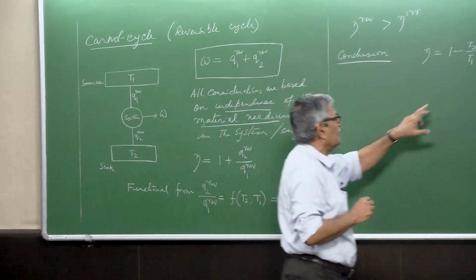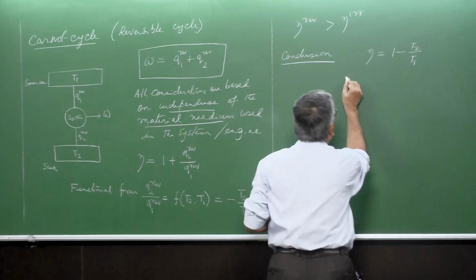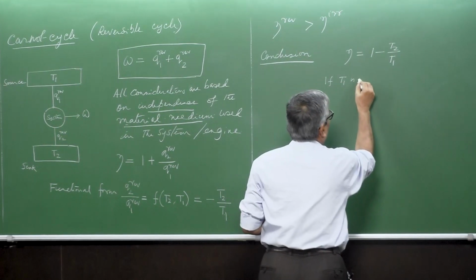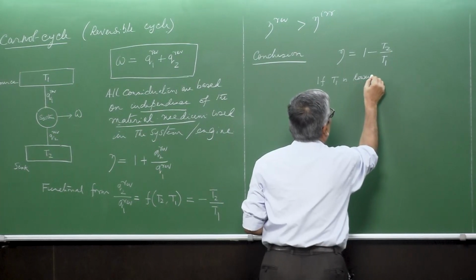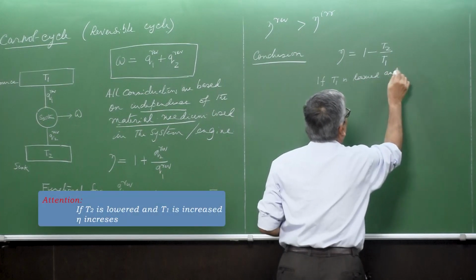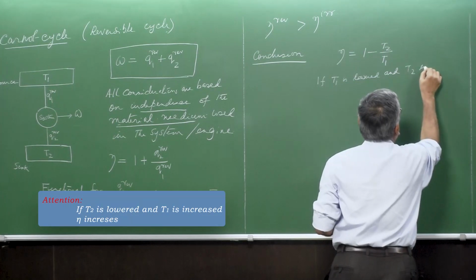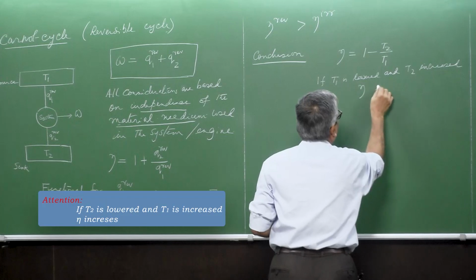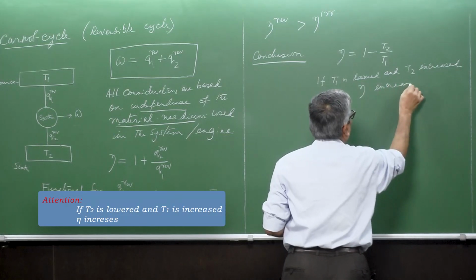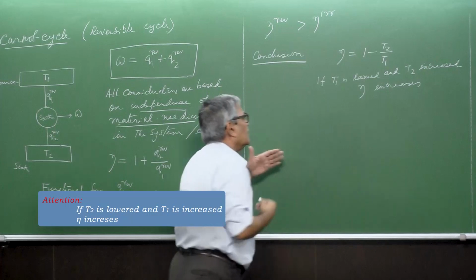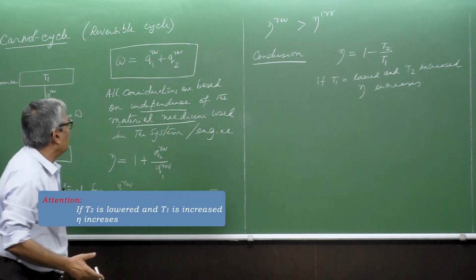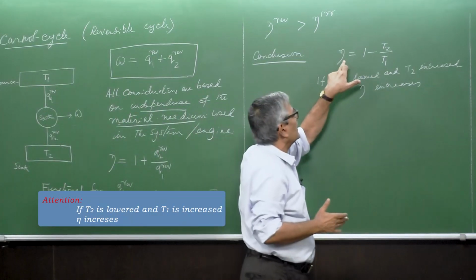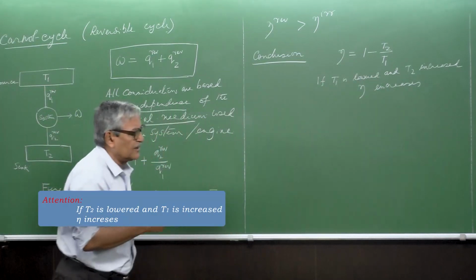So eta increases if the gap between the source and the sink temperatures is made large. So you can build a more efficient engine.